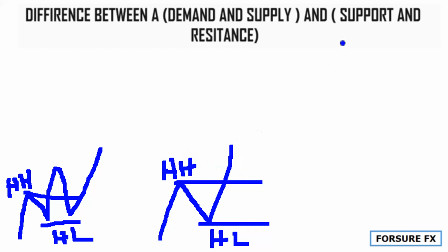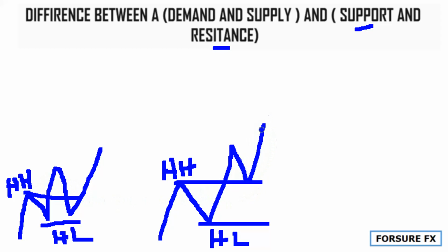So for support and resistance, we're expecting the price to push down to this point, not entering into the demand range, push to this point and then boost to the upside. So that is the difference between the demand and supply.